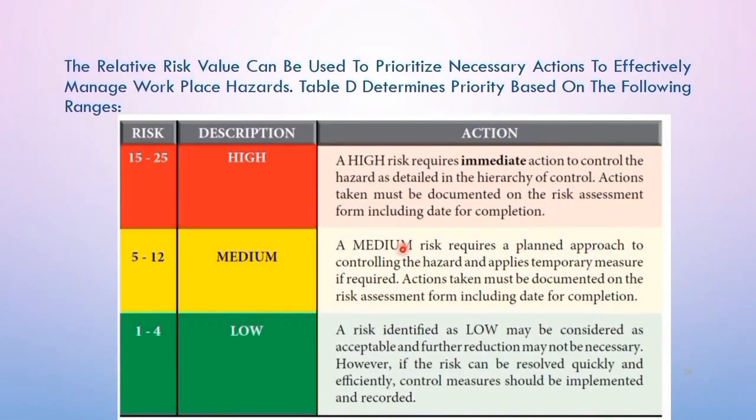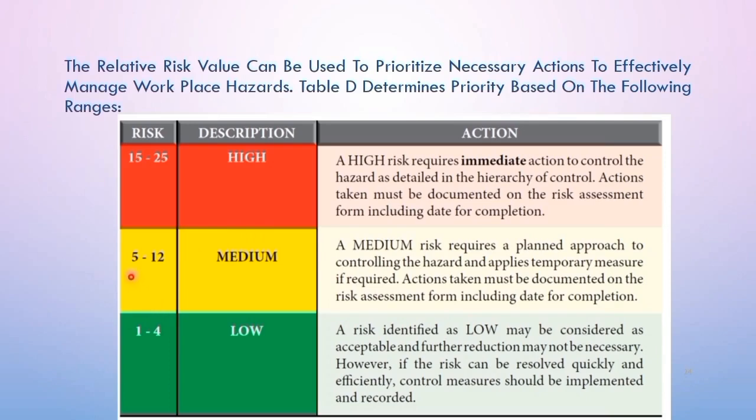If the risk value falls from 1 to 4, it falls under the low risk category. Low risk is still considered acceptable, which means the risk can be resolved quickly and efficiently, but we still have to document all the control measures.